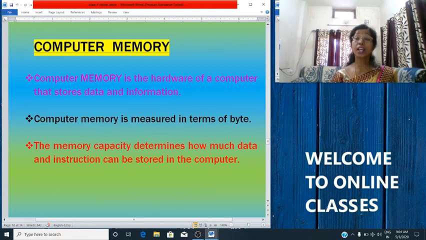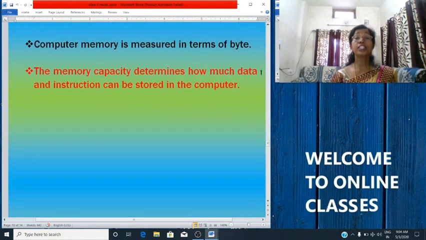Memory is the hardware of a computer that stores data and instructions. The memory capacity determines how much data and instructions can be stored in the computer. Hope you all understood what is a computer's memory.